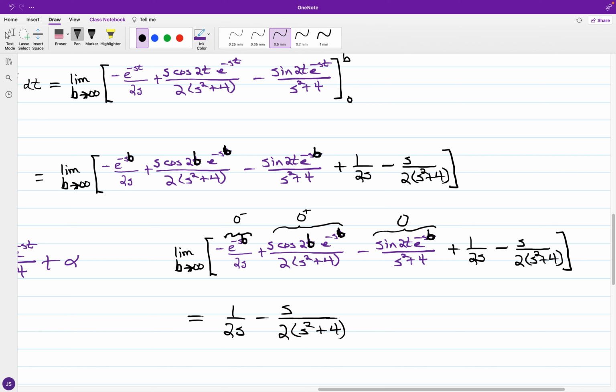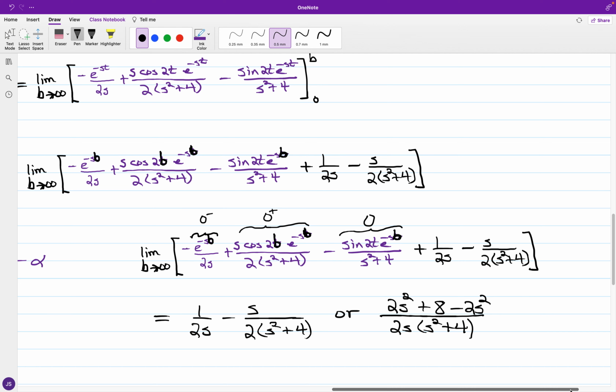And you can expand this. Another way that you could express it is to combine as a single ratio. In this particular case, that would end up being 2s squared plus 8 minus 2s squared over 2s times the quantity of s squared plus 4.